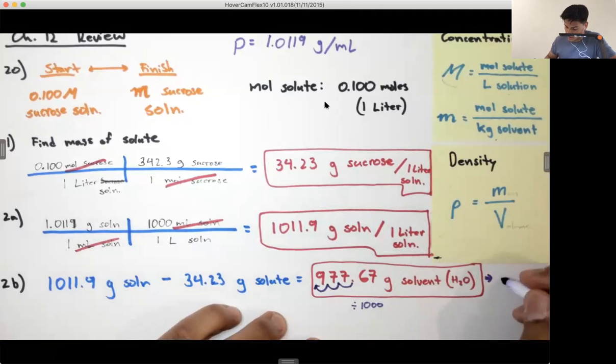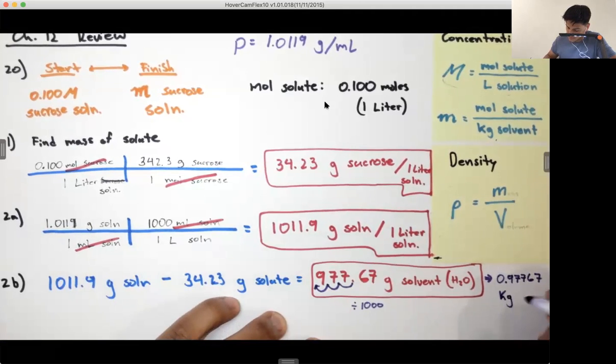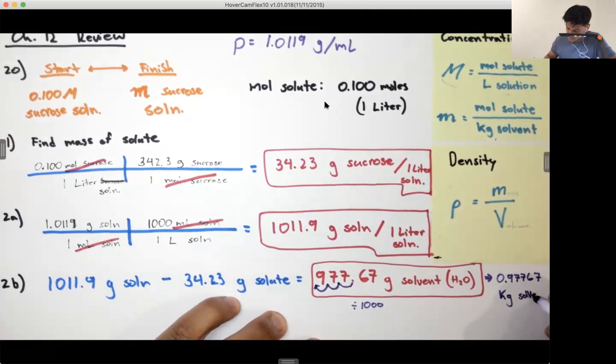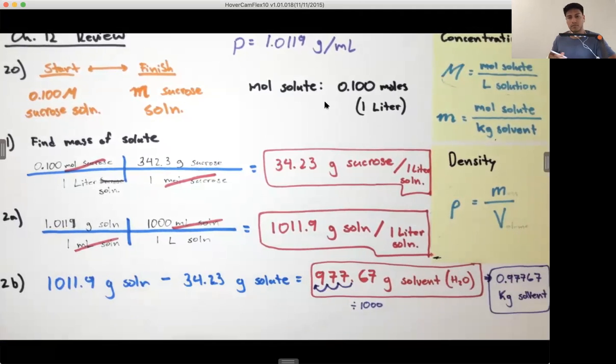So now this becomes 0.97767 kilograms of solvent. Okay, so that's what we have here: 0.97767 kilograms of the solvent.